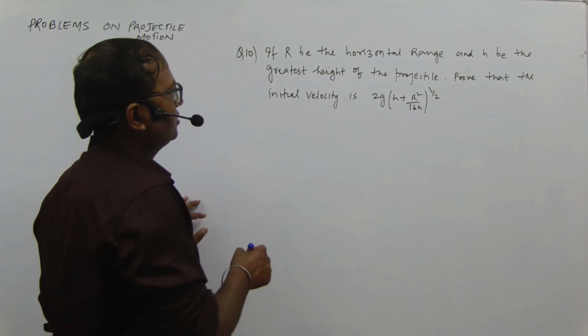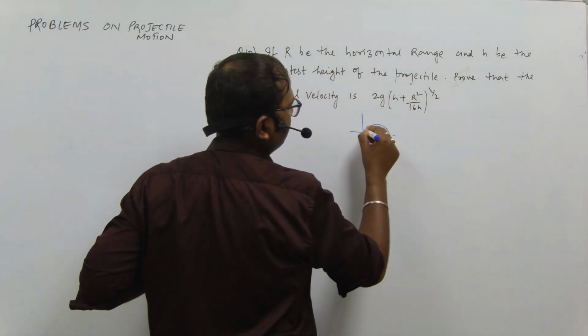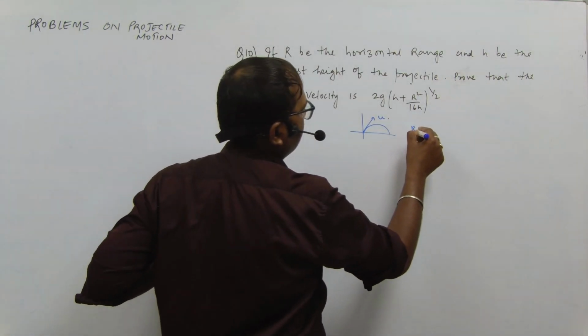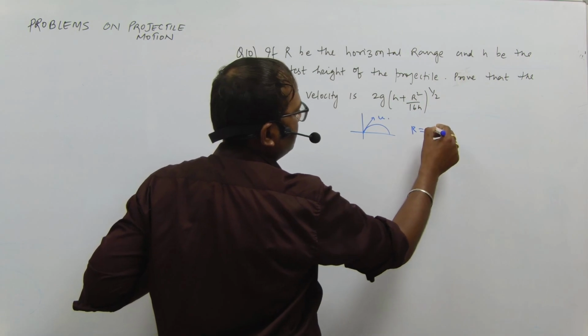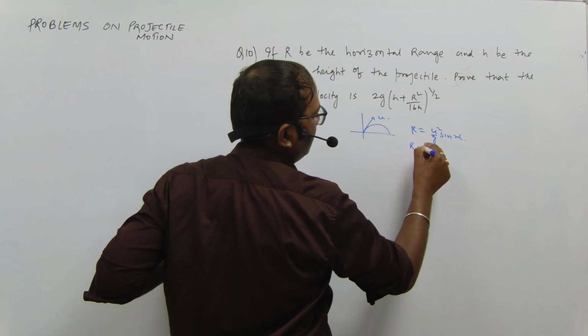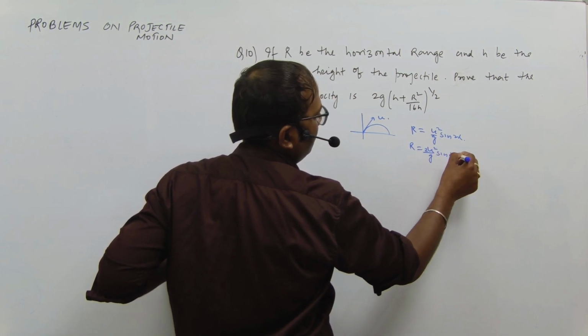Let us consider a projectile with initial velocity u. R is the horizontal range. The horizontal range is u square upon g sin 2 alpha. This can be further written as R is equal to u square 2 upon g sin alpha cos alpha.